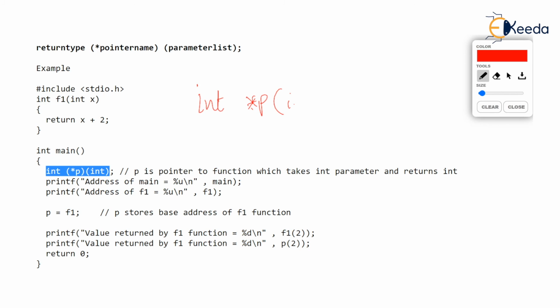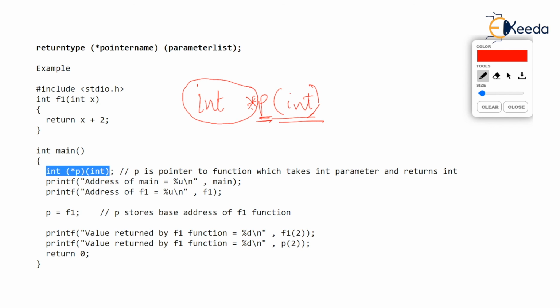Suppose I write this. Now, is this p a pointer to a function really? No, p is not a pointer to a function. Please understand. We are saying p itself is a function here which takes an int parameter and p returns an integer pointer. P is a function which takes an integer parameter and returns an integer pointer.